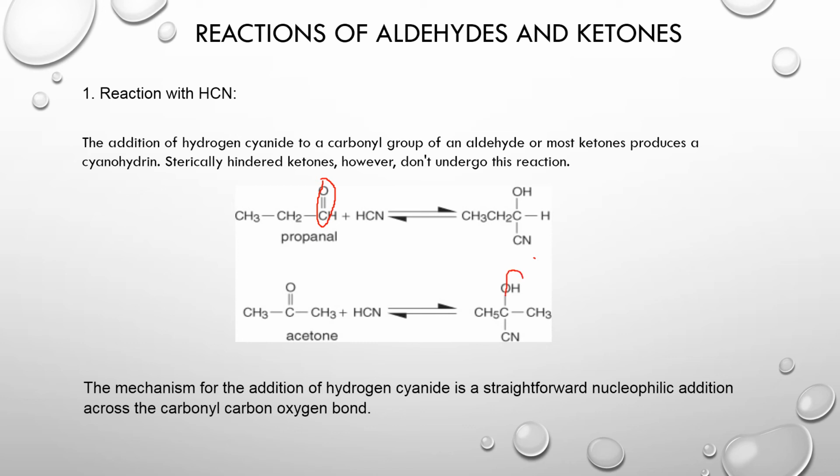This is the cyanohydrin functional group. So acetone forms a cyanohydrin by the addition of HCN. Similarly, aldehyde also undergoes addition reaction with HCN to give cyanohydrins. So this central carbon is attached to a hydroxyl group and a nitrile group. It is the cyanohydrin functional group.